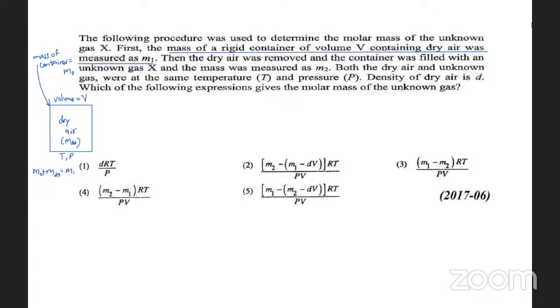But they have given an additional piece of information, that is the density of dry air, D. So if the container contains only dry air, the volume of dry air will be V.